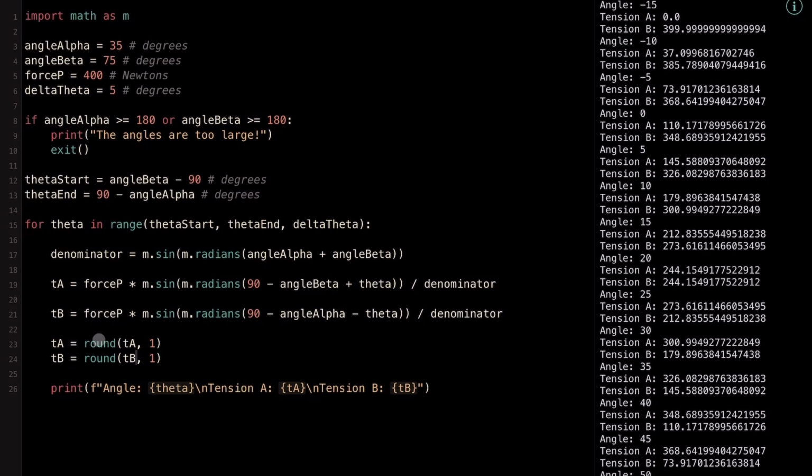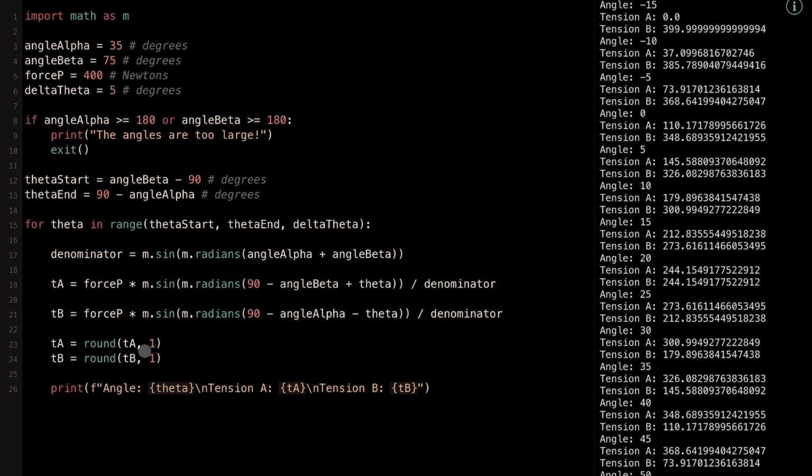This round function on the right-hand side is taking in TA, rounding it to 1 decimal place, and then assigning that value to the variable TA. So don't get confused and wonder why there's TA on both sides. This expression is doing something to the current value of TA and then updating the TA value after the right-hand side has executed.